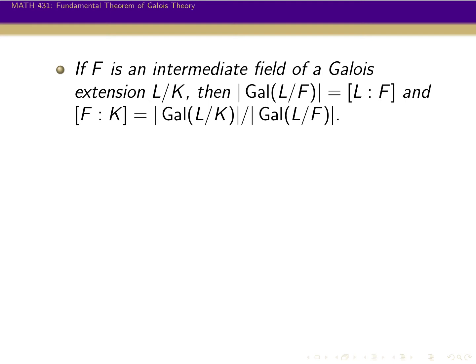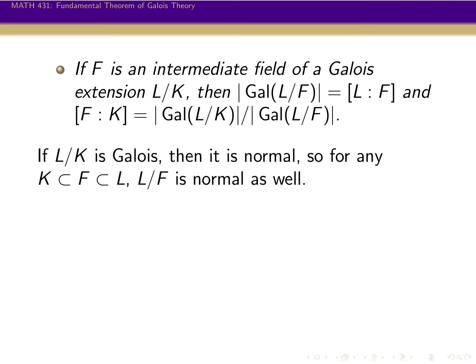And so we're going to go straight to the second bullet, which is that if F is an intermediate field of a Galois extension L over K, then the size of the Galois group of L over F is equal to the degree of L over F, and the degree of F over K is equal to the order of the Galois group of L over K divided by the order of the Galois group of L over F.